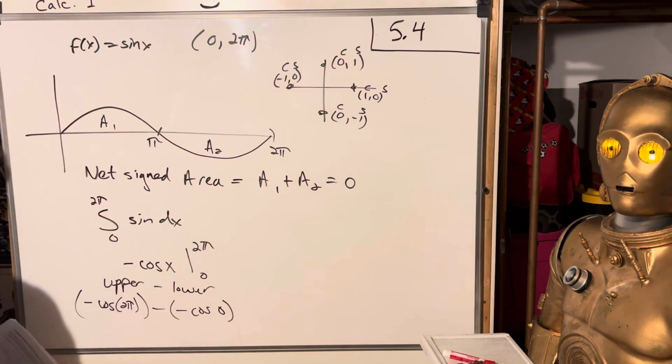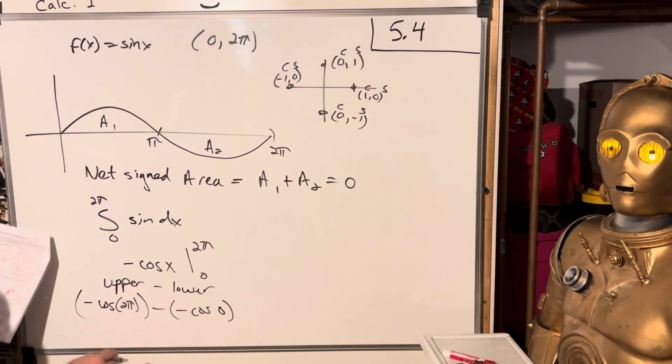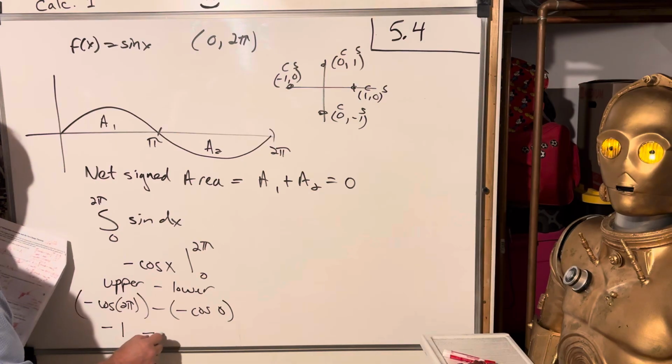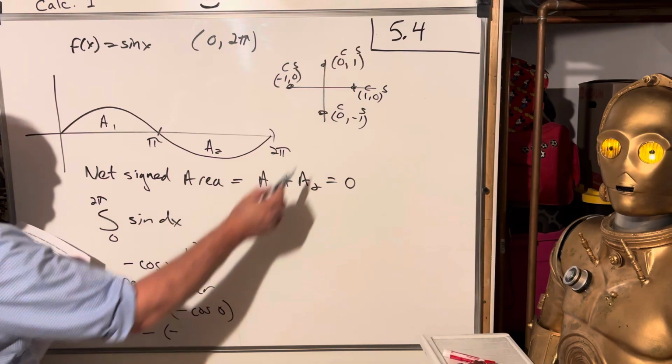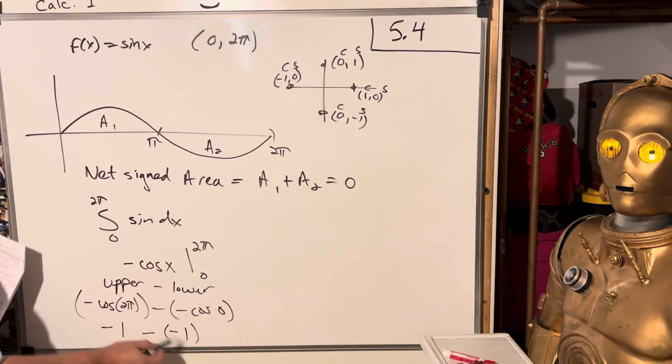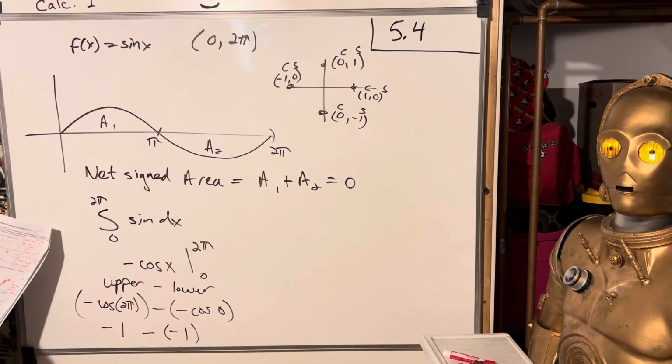And so what is that going to end up being? Well, the cosine of 2 pi is 1, so we have negative 1, minus the negative of the cosine of 0, which is also 1. And so negative 1 plus 1 is 0.